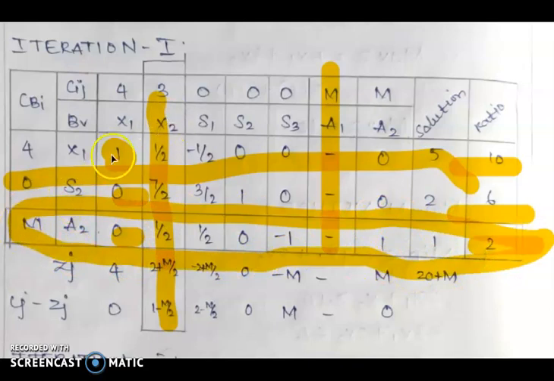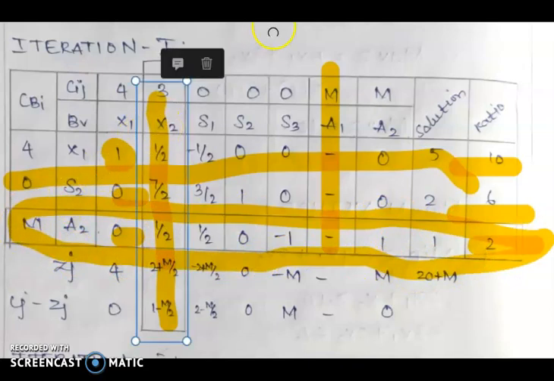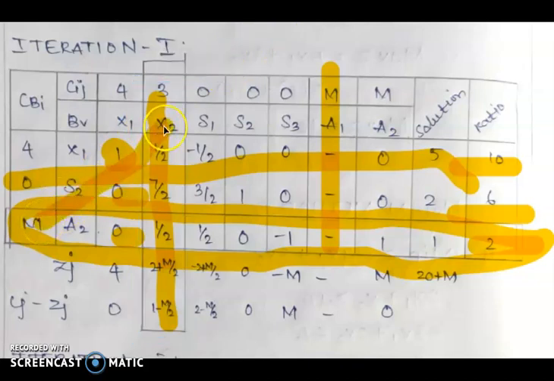X2 enters the basis and A2 is leaving the basis. So again we do the same process. Here the intersection value is 1 by 2.